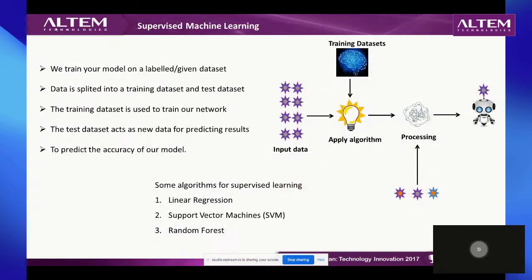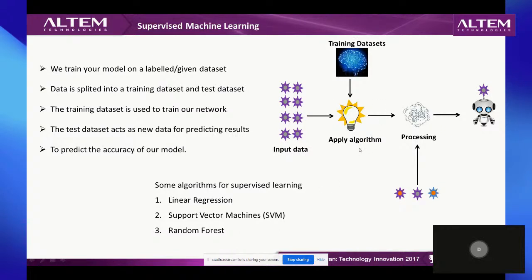So first we see about supervised learning. This is a small example to represent it in very layman terms. You input your data, and then we train your model with a labeled data set, which can be split into training and test. This is your training set, which you already trained, and this is your input data. You apply your algorithm, choose any one of these methods, linear regression, support vector machines, or random forest.